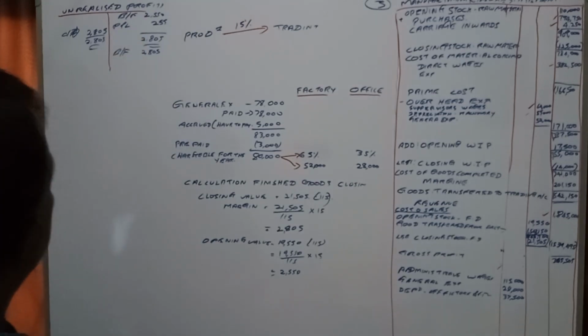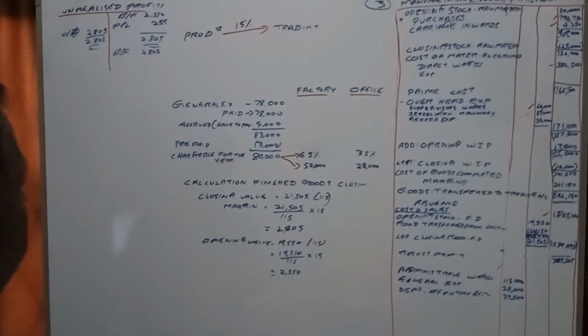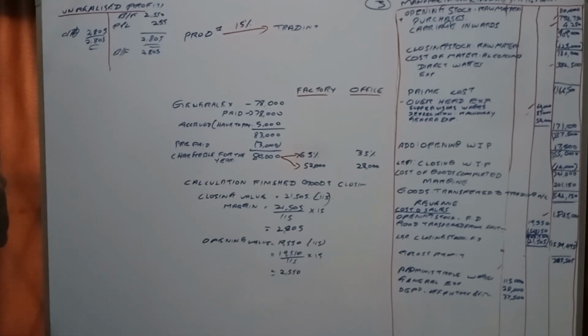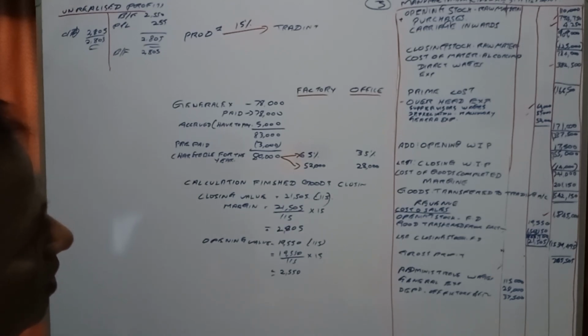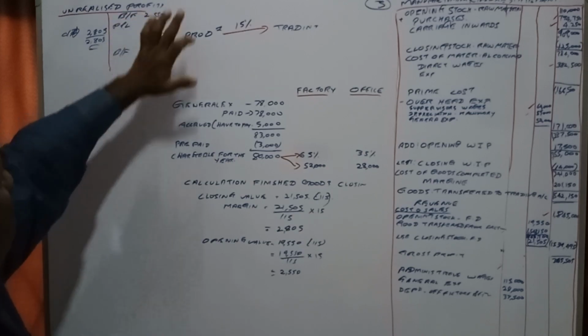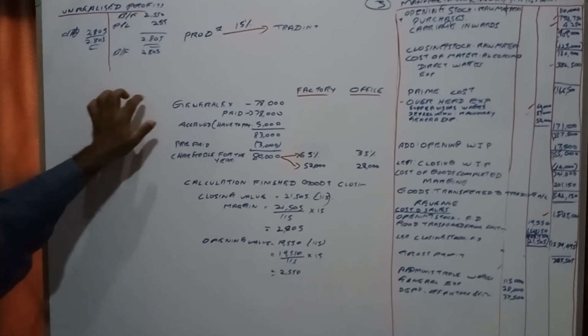Right? PNL should be credited. Because the unrealized profit brought forward is 2,550, right?